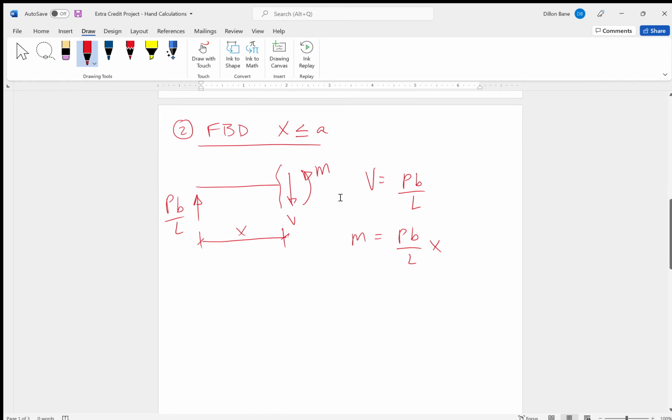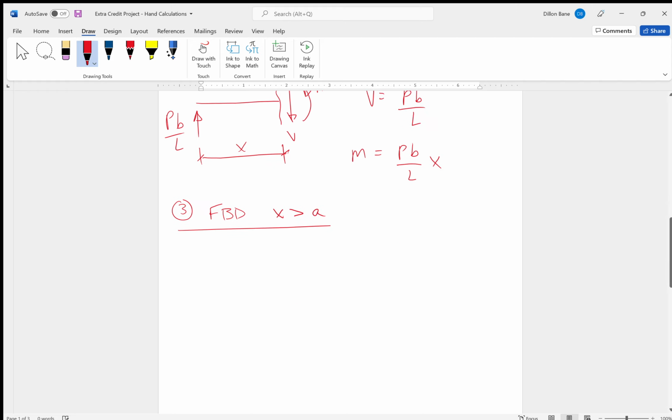All right. So let's take a look then at our last step, the free body diagram for when X is greater than A. Okay. Our free body diagram is going to look something like this. We're going to make our cut.